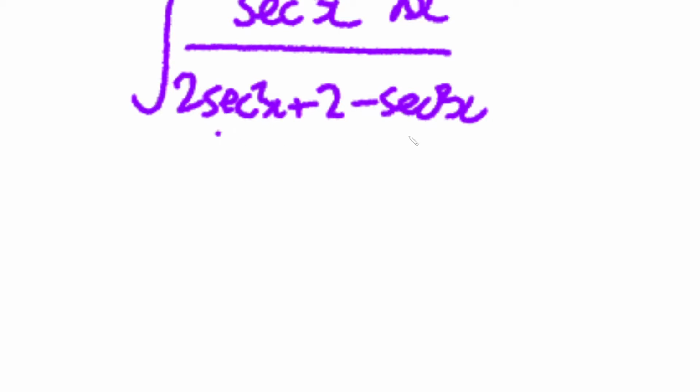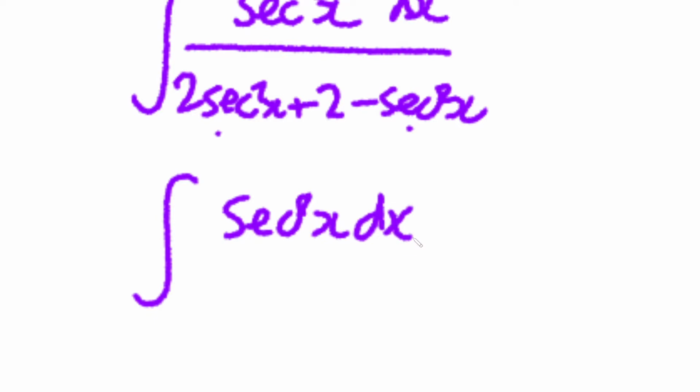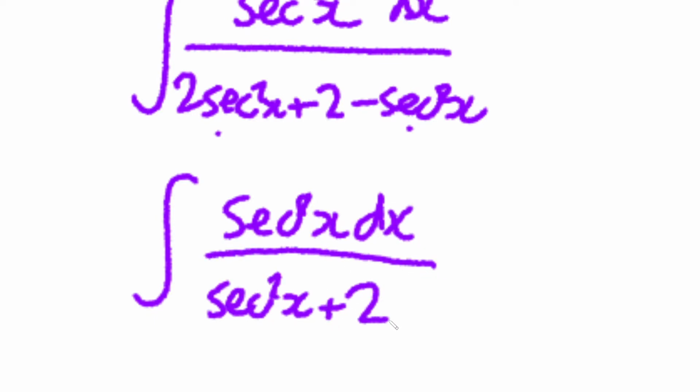And if we cancel out these secant squared x terms, we get secant squared x dx over secant squared x plus 2. So where do we go from here?